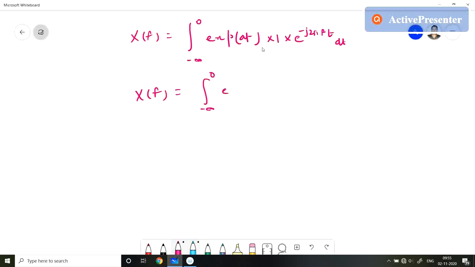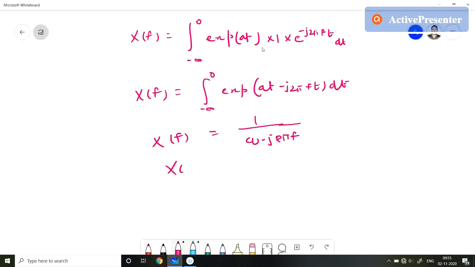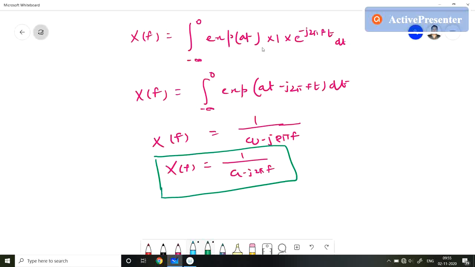That's why we have written it this way. If we solve this, we will get X(f) equals 1 divided by (a minus j2πf).